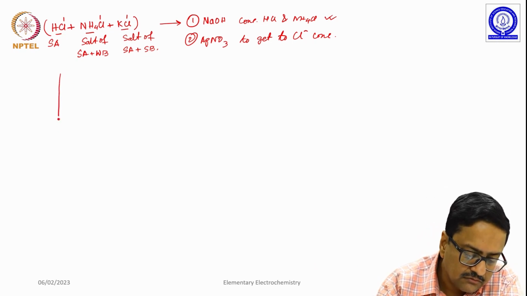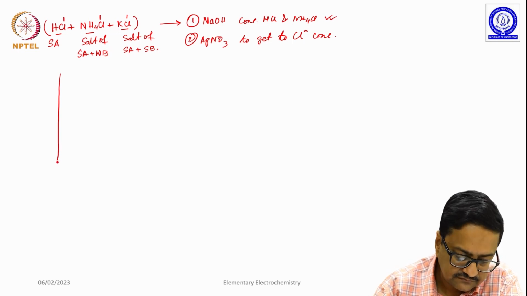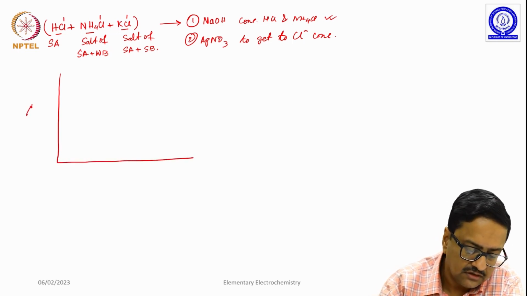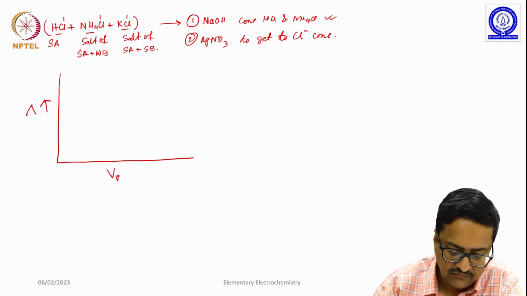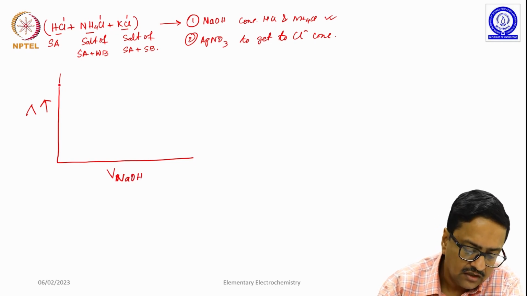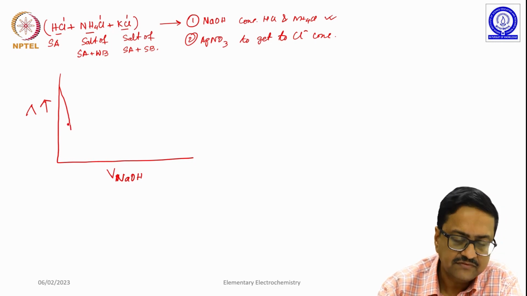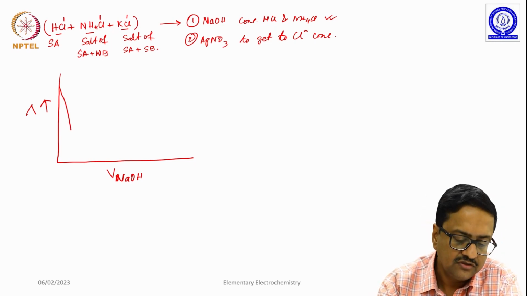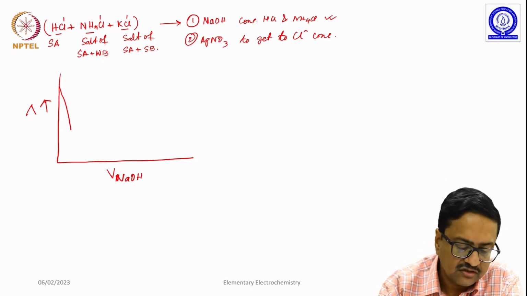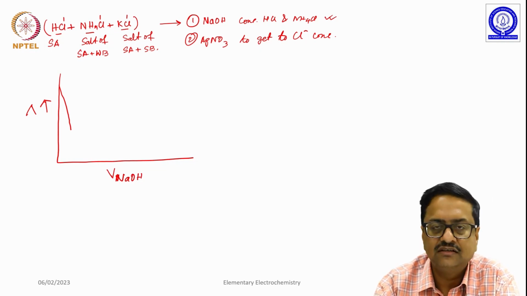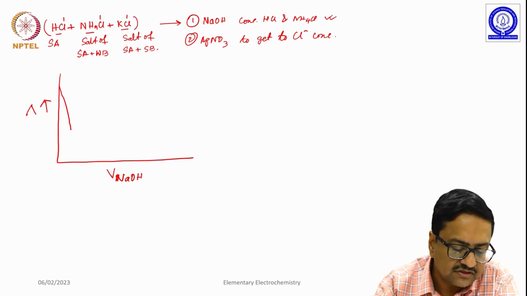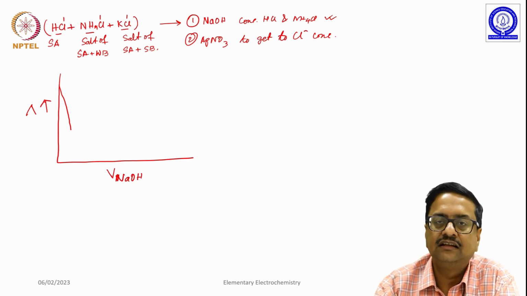So for the first titration, the conductance versus volume of NaOH, as usual initially it will decrease. After all HCl is consumed, NH4Cl, being a salt of strong acid and weak base, will dissociate to produce the corresponding HCl and weak base ammonium hydroxide.